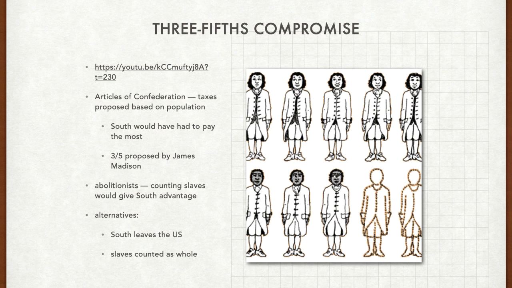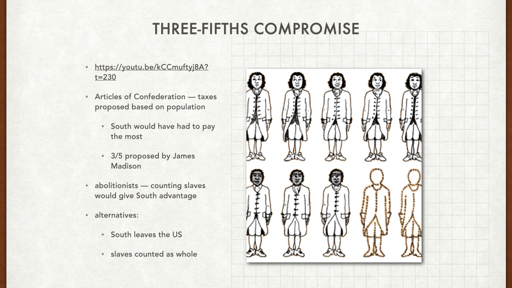The state collects a certain amount of money based on how many people live there. And they also have to pay a certain amount of money to the government based on how many people live there. Right? Now we have a lot more individual taxes, like property, income, all that stuff. But back then, if you had more people living there, the state had to pay more.